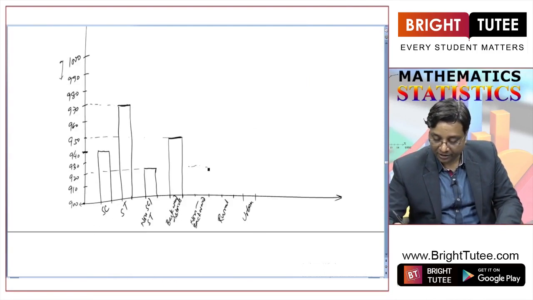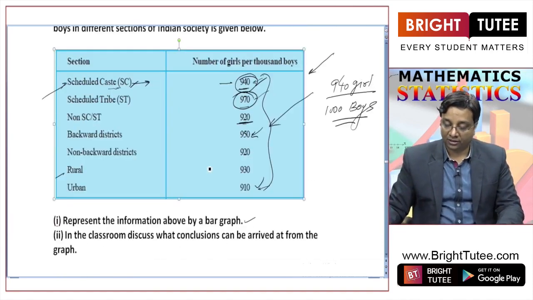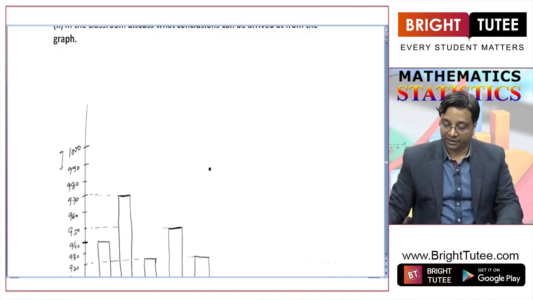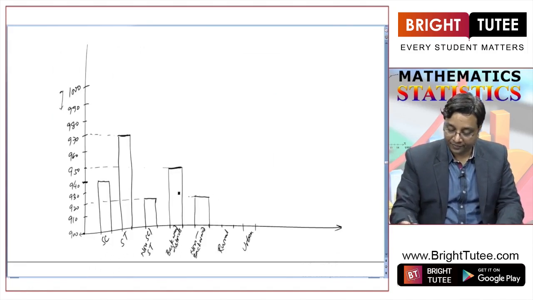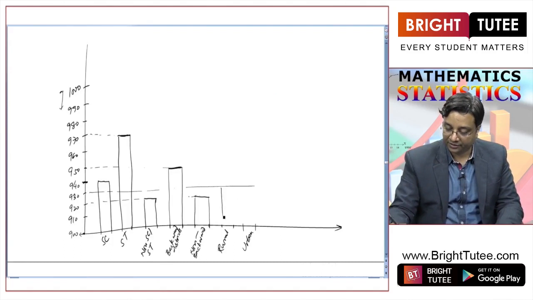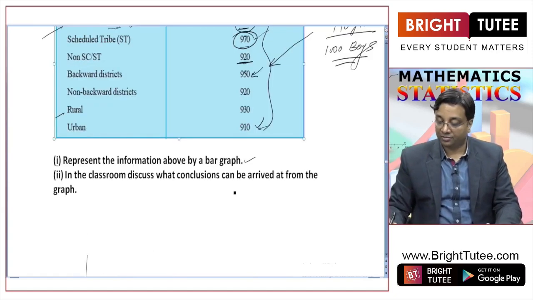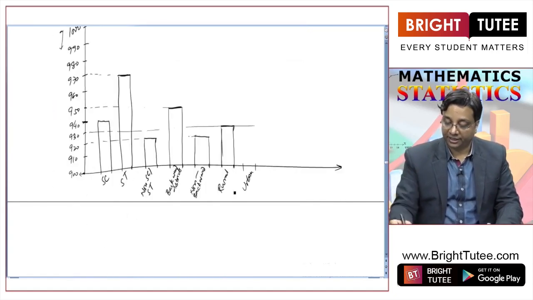These are non-backward districts. So this should be the height here. For the rural section, 930, corresponding to this height. This will be the bar for the rural section. And for the urban section, it is 910.